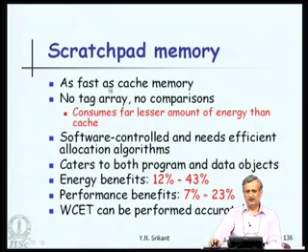Now, what exactly is scratch pad memory? We know about cache, and when we use a cache memory, there is actually a reasonable amount of hardware that goes with it. There is a tag array.